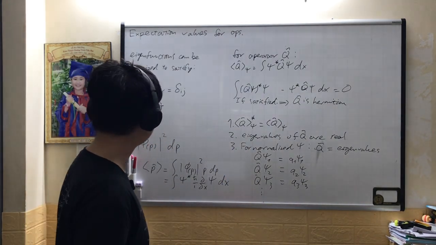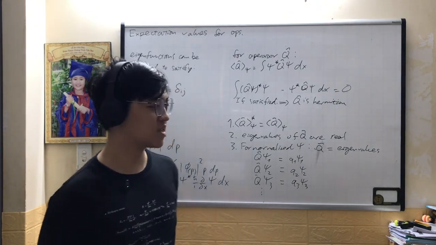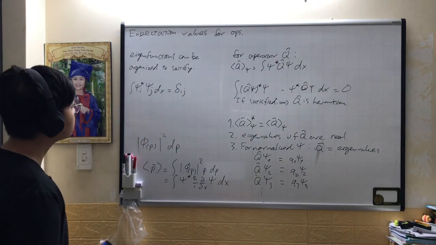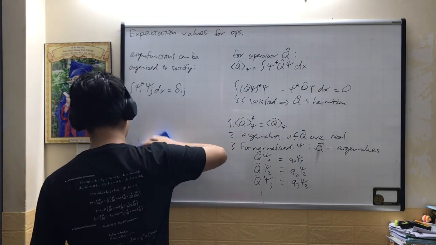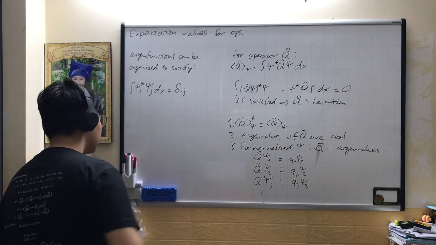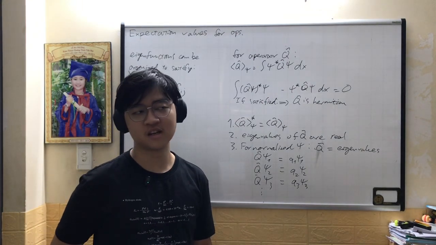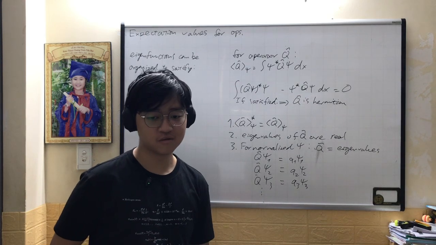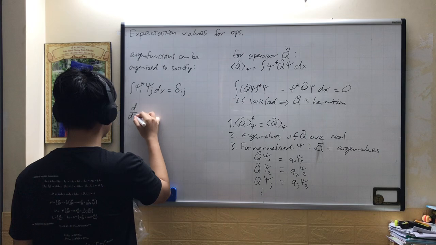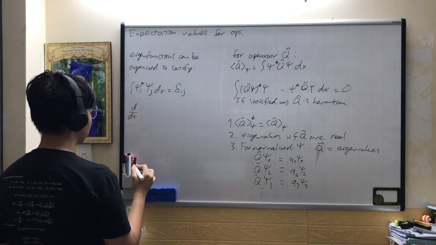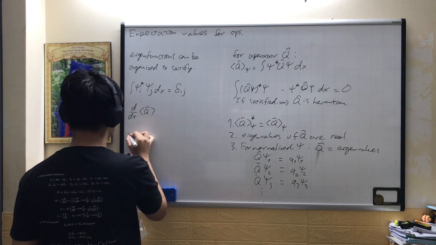Alright, next is the time dependence of these expectation values. To test the time dependence, you would obviously put a derivative with respect to time in front of the expectation value.